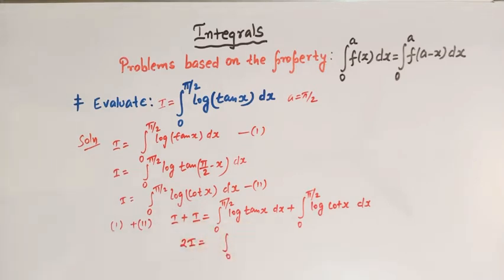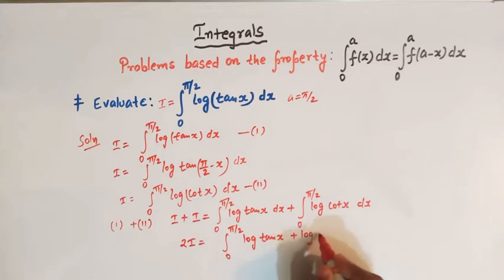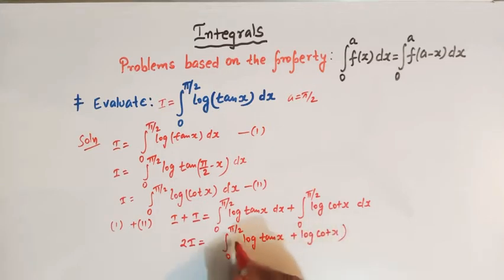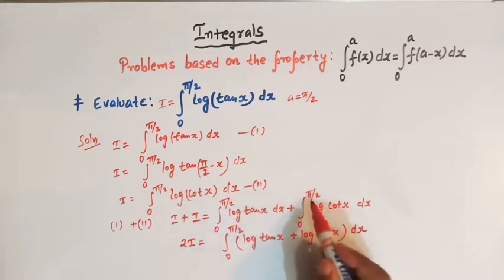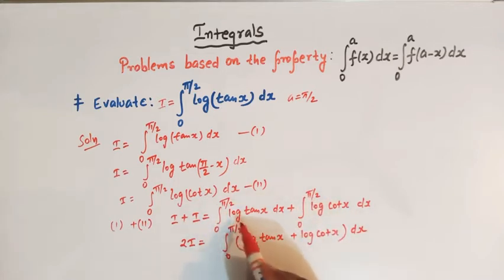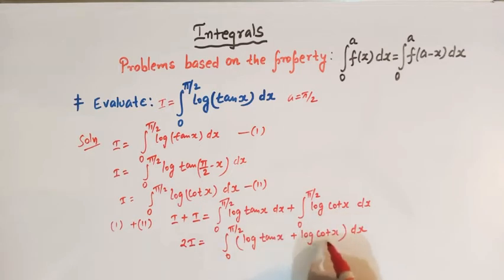Now we have integral from 0 to pi by 2 of log tan x plus log cot x dx, right? Because here the limits are same, therefore we have written log tan x plus log cot x.